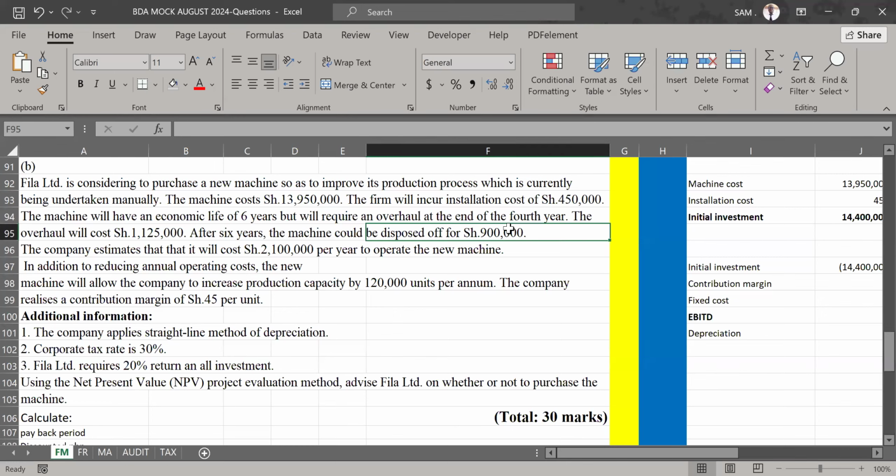So these are projections. You want to evaluate a project for a future time. You have data that you're working with, and you're trying to look at the data you have so that you ask yourself, is it a viable investment today? So that after the end of the 6 years, I'll be able to get this kind of return. If I'm likely to lose, then I should not purchase this machine.